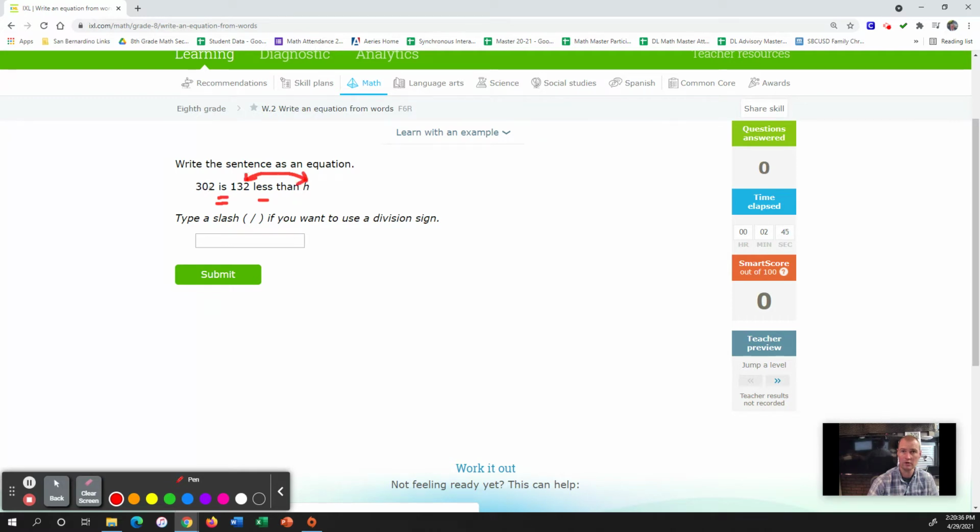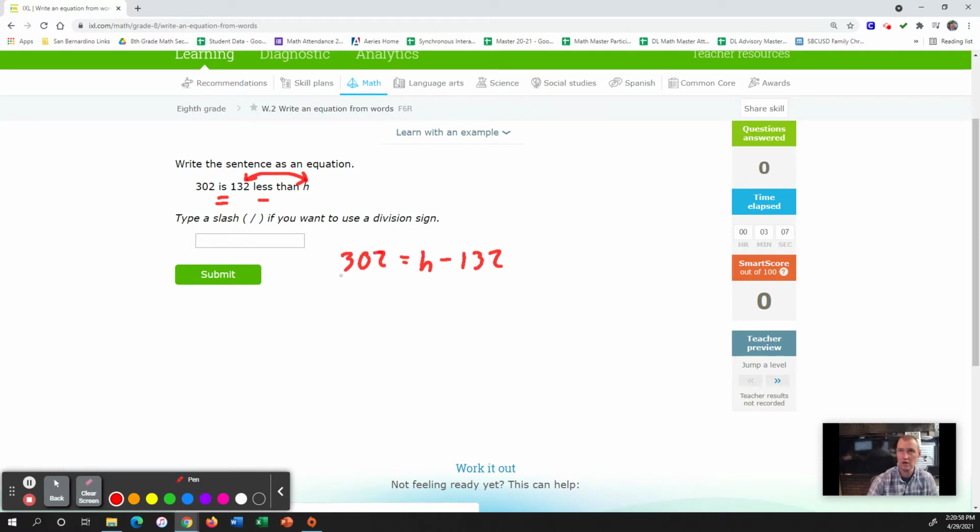So what we're going to do is we're going to go ahead and put this in that order. So we're going to start with 302 is, which is equal to, because we have less than H, we're going to go H subtract 132. Now, by looking at my equation, I could check it by just reading it to myself and see if it matches the sentence up here.